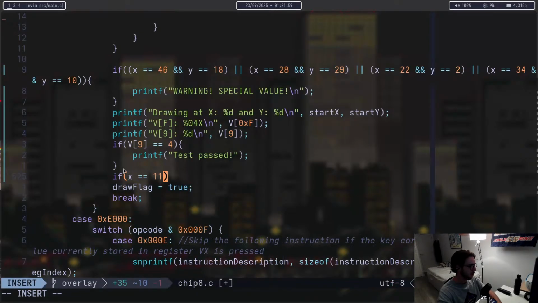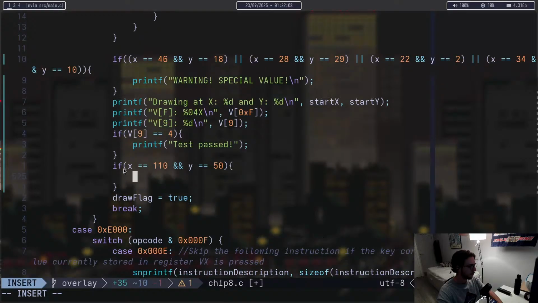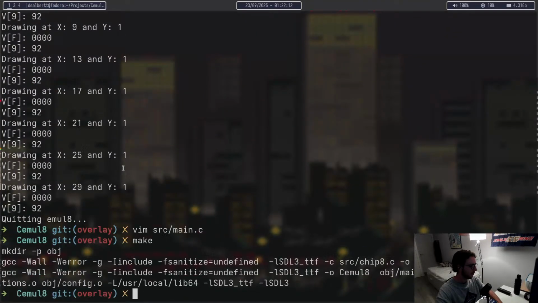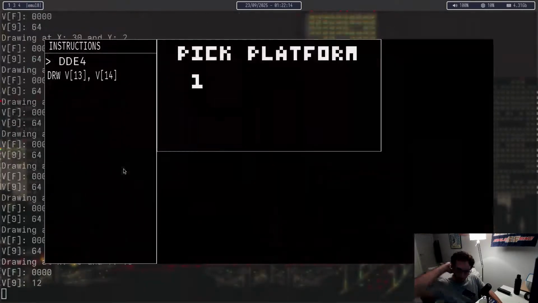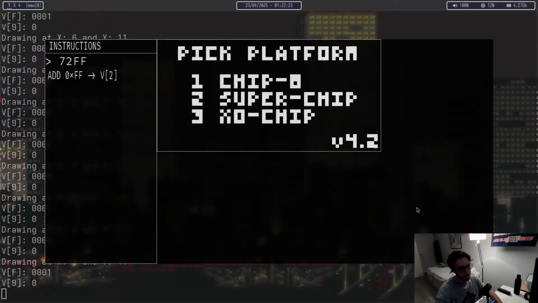X equals 110 and Y equals, where was it, 50. You do it later. So if I understand this well enough, it runs 4 tests starting in like 2016. Every time the VFS is 1 degree speed I buy it. Yep.